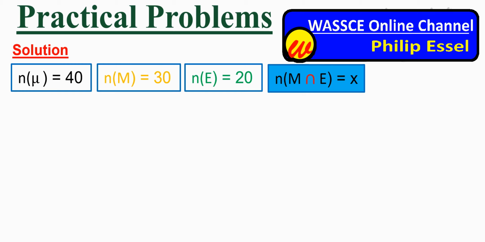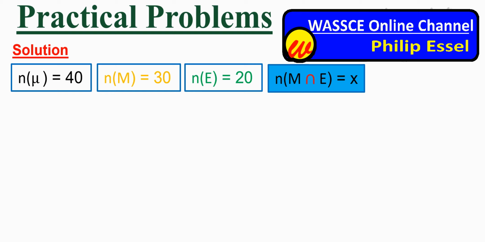We also know that the number of students reading English is 20. We do not know the number of students reading mathematics and English at the same time, but we are asked to find that number. So we represented it with the letter X.